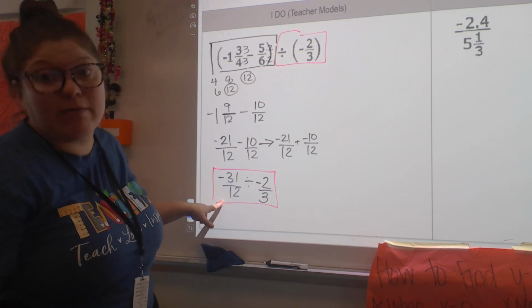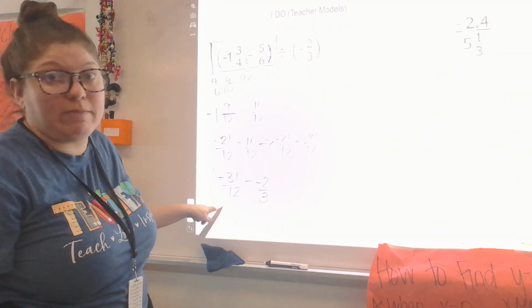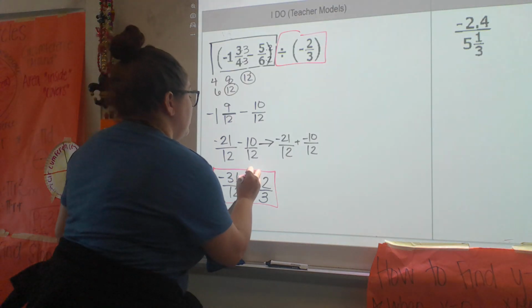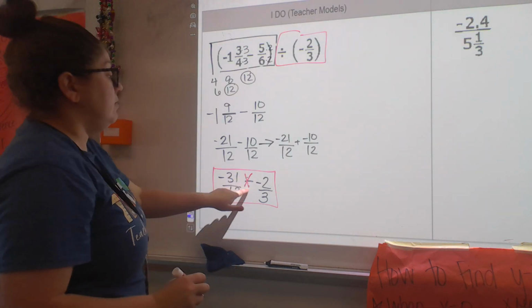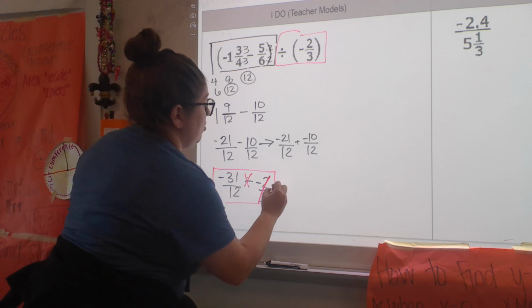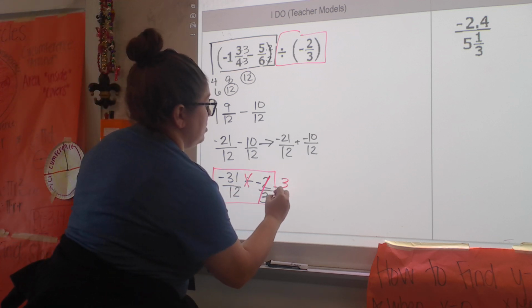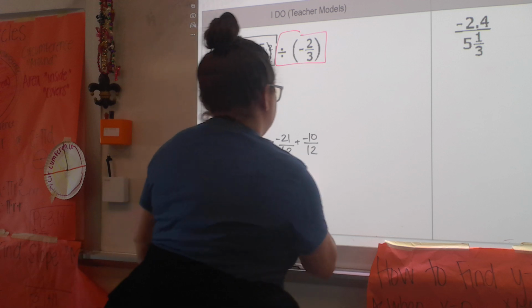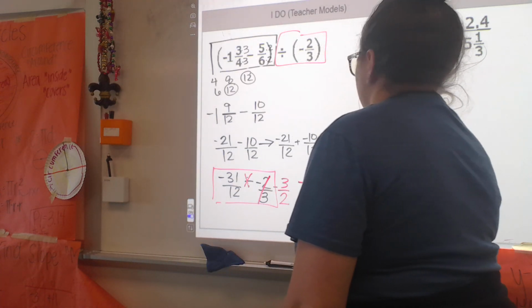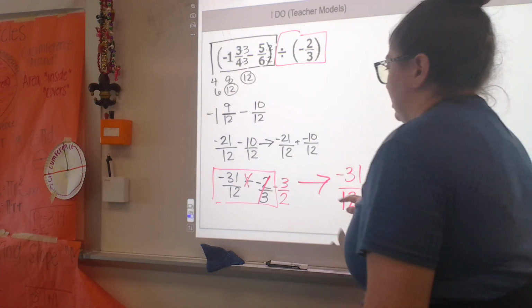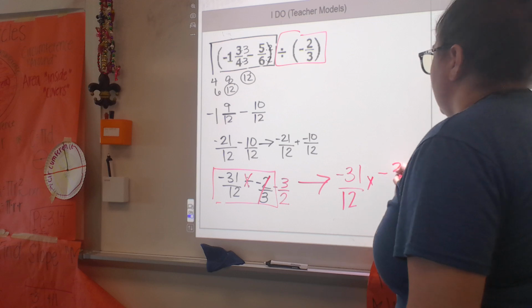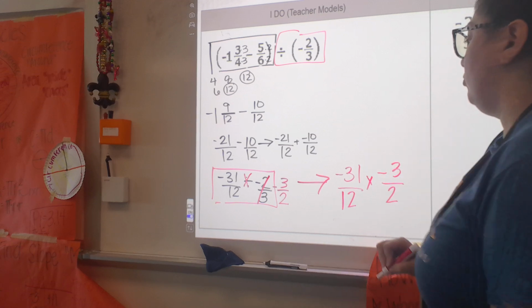Remember, when I divide by fractions, I'm just multiplying by the reciprocal. So this makes a multiplication sign, and then my reciprocal would be negative 3 over 2. So this is really saying negative 31 over 12 times negative 3 over 2.